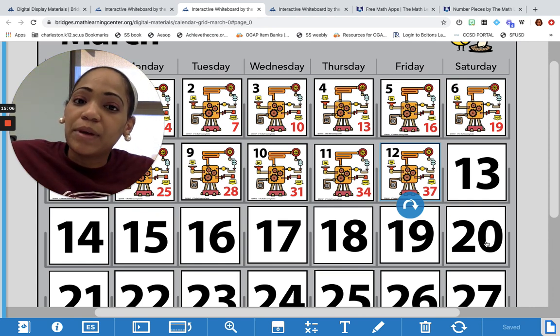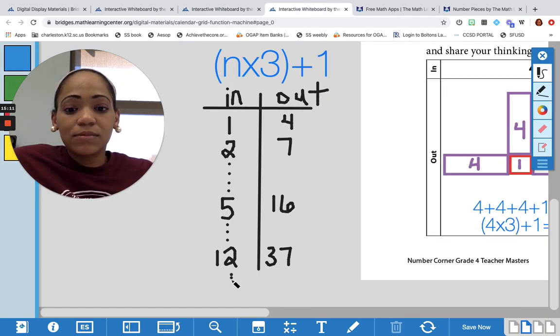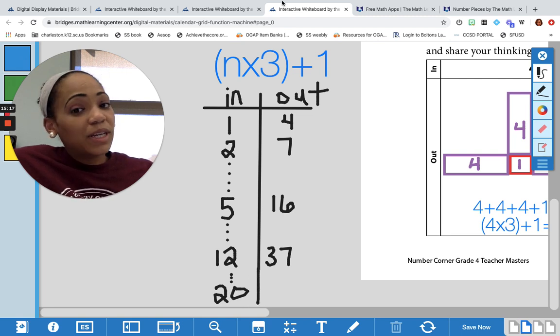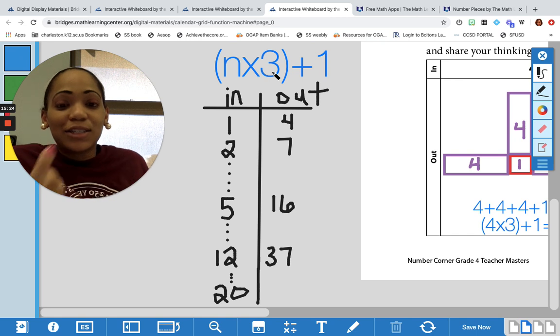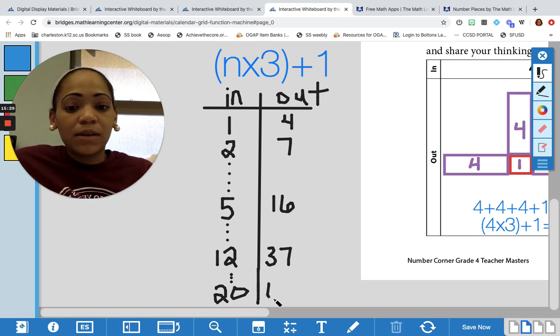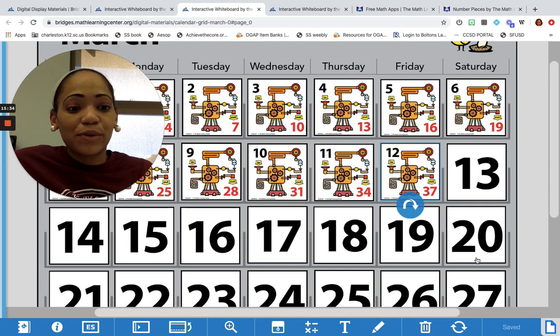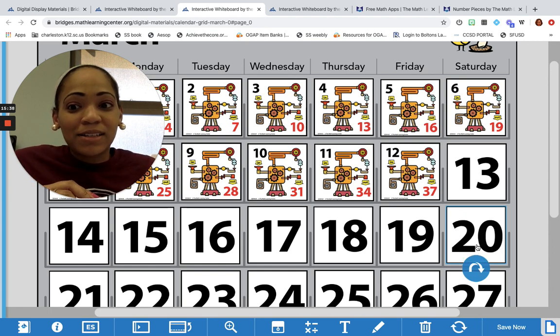What would our output be? 20 times 3, which is 2 times 3 times 10, essentially. 2 times 3 is 6, times 10 is 60, and then we still got to add 1. Since that's a weekend, let's go ahead and preview that and see if we're right. We're not. But maybe it's because the function changes.